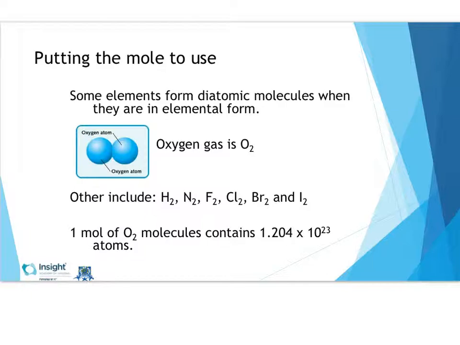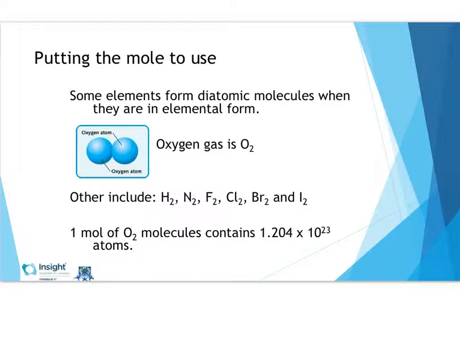Some common things that you might run into when doing this, there's a few elements that are called diatomic elements, meaning they make a molecule of 2 atoms each. So for example, these particular elements: oxygen gas, hydrogen gas, nitrogen gas, fluorine gas, chlorine gas, bromine liquid, or iodine solid.